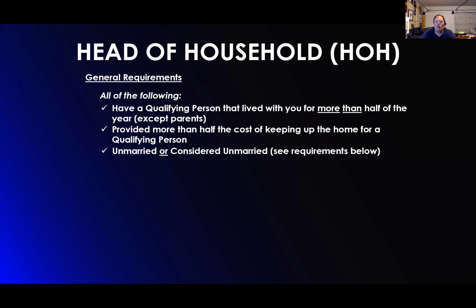We are talking about somebody who qualifies to live with you. Parents are an exception, and they can qualify with special requirements. We'll go over that. But they have to have lived with you for more than half the year. You provided their upkeep, and they are unmarried or considered unmarried.